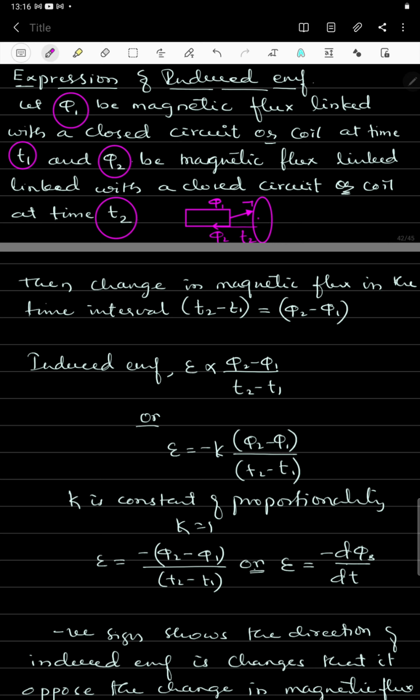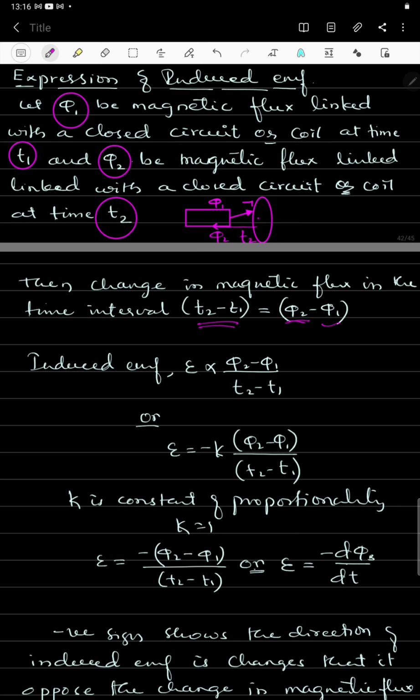So now you will get the change in the magnitude of the magnetic flux in the time interval t2 minus t1. That is phi 2 minus phi 1.